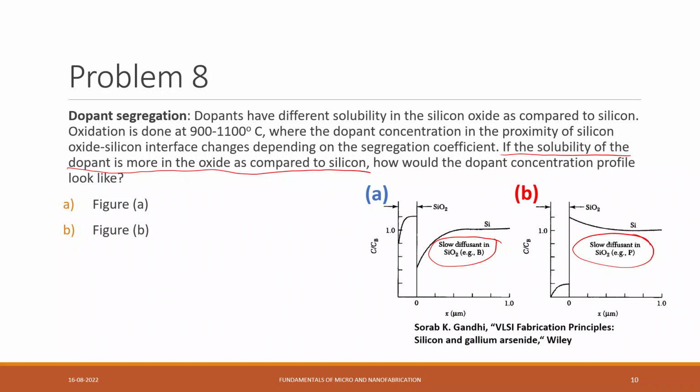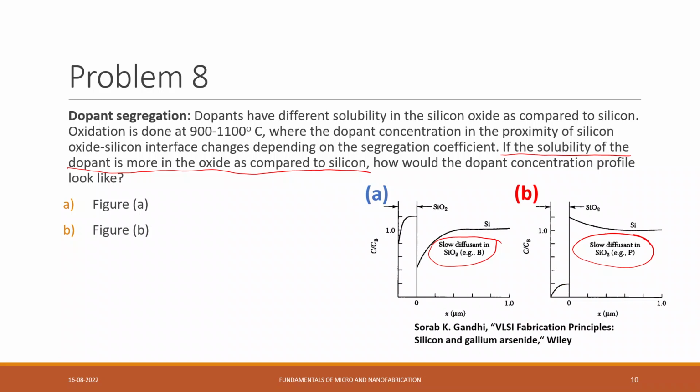In the first diagram, there is a depletion in the silicon, and the concentration of dopants on the silicon oxide side is more. In B, there is an increase of dopants on the silicon side, while at the silicon oxide it is very less.